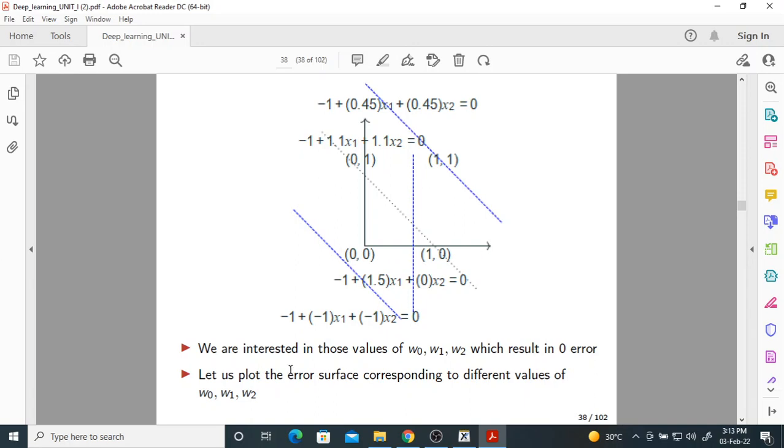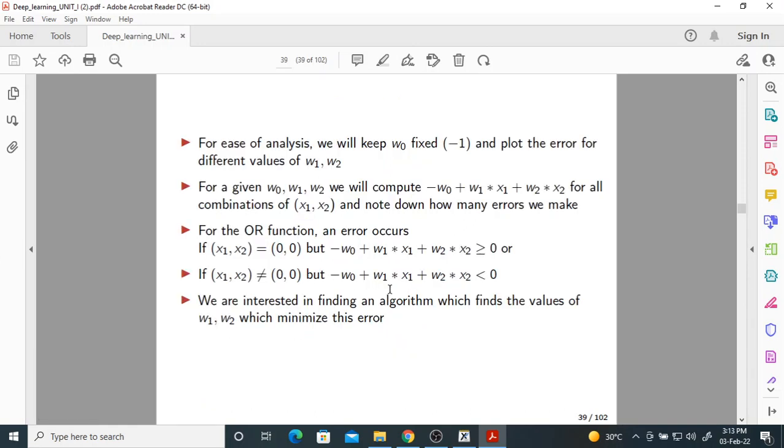So we try to get minimum errors. Ideally we hope for 0 errors. But when is it possible to get 0 errors? So for each analysis we keep W0 fixed, that is -1, and plot the error for different values of W1, W2. Just now we have done it.